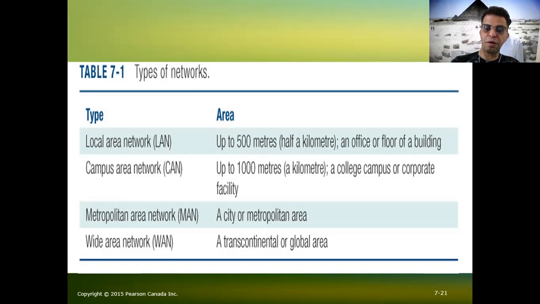Then you have the CAN, or campus area network, which could be a college campus or a corporation, and covers up to 1,000 meters or 1 kilometer. Then you have the metropolitan area network, which is MAN, which covers a city or a metropolitan area. And then you have the WAN, which is transcontinental or global, so multi-location. A large corporation uses a kind of WAN also.